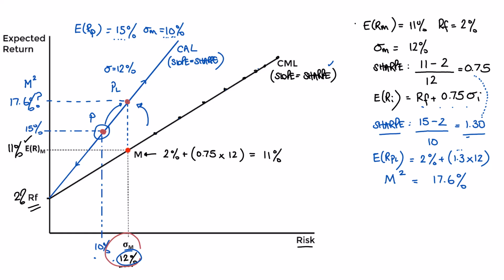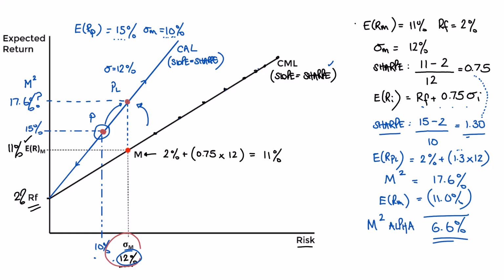M squared is 17.6. If you want to compare and say, okay, what was the market return? Well, the market return was 11. Deduct that, and how much further above the market we are with M squared, 6.6%, is your M squared alpha.